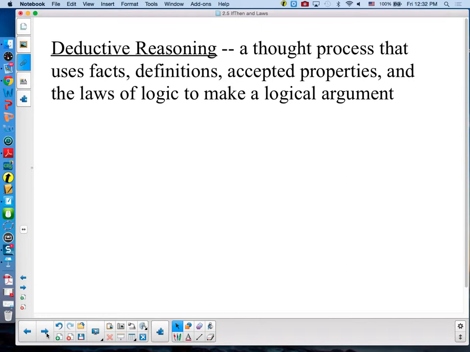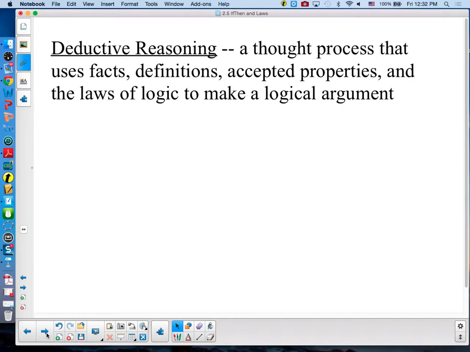What was that based on? Using patterns, correct? So inductive reasoning was using patterns. Deductive reasoning is using facts, definitions, properties, and the laws of logic. The logical argument.